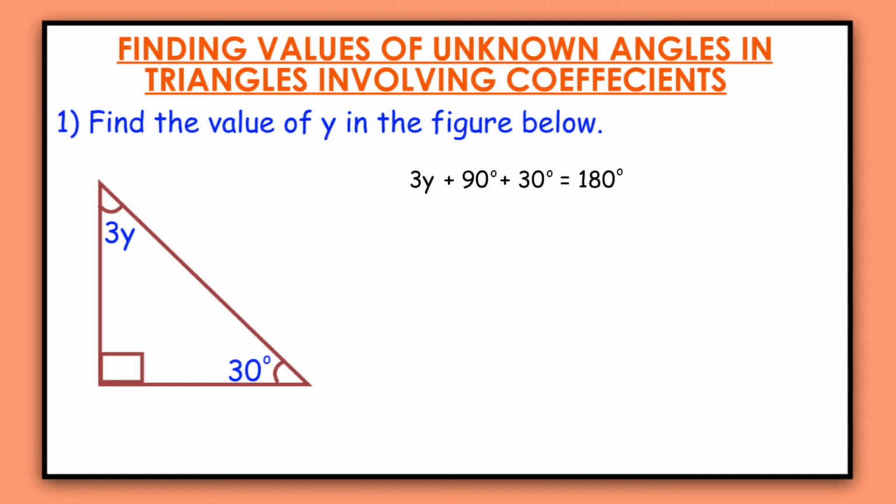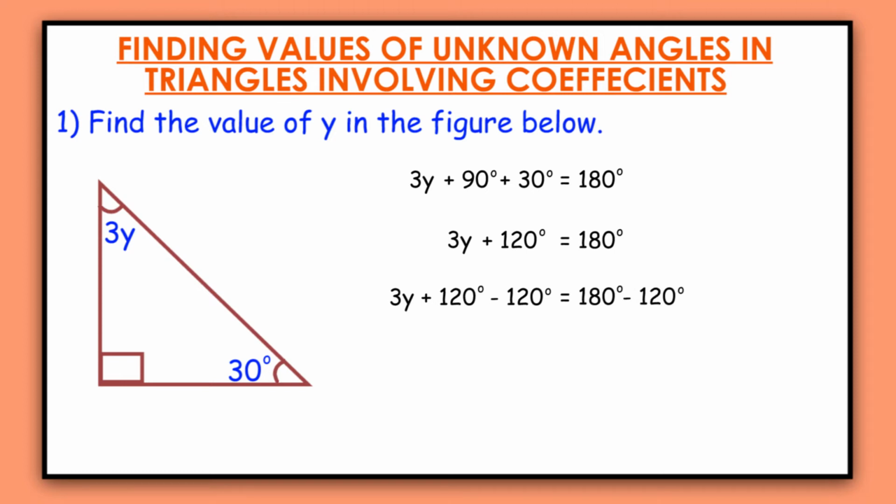Therefore, our equation will be 3y plus 120 degrees is equal to 180 degrees. Then we shall collect the like terms by the use of additive inverse, where we shall say 3y plus 120 degrees minus 120 degrees is equal to 180 degrees minus 120 degrees.